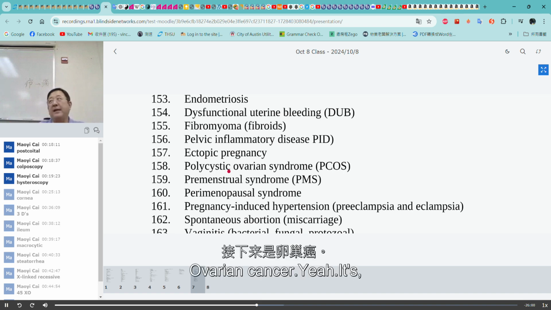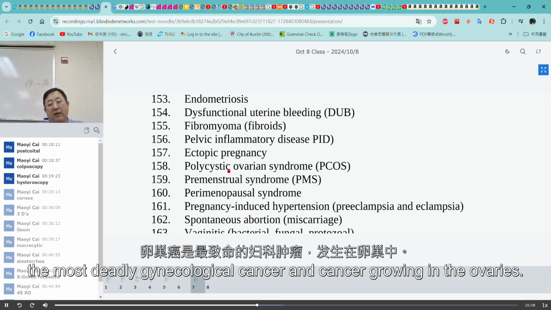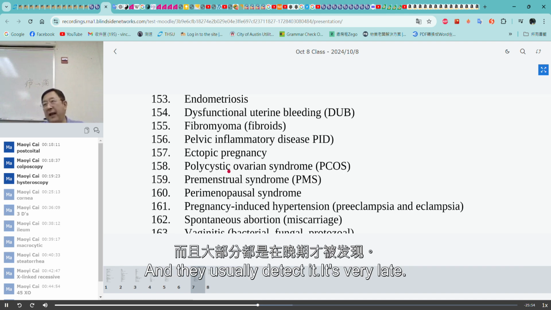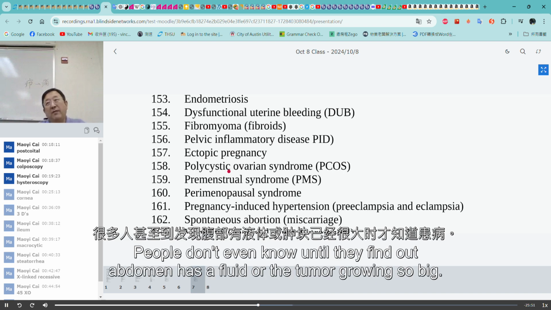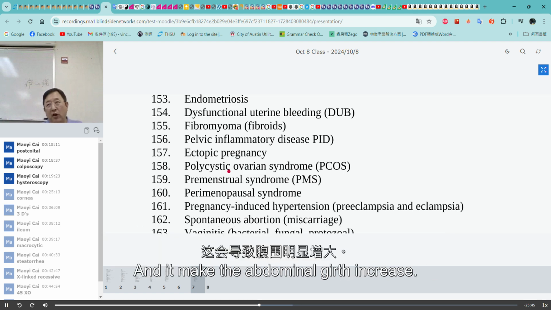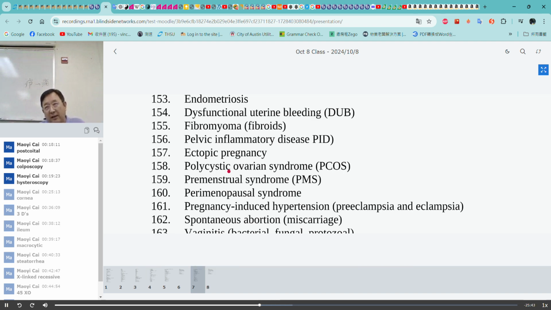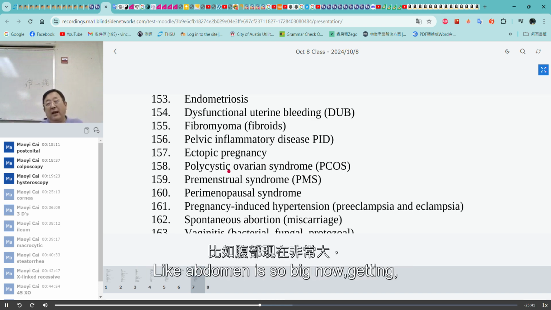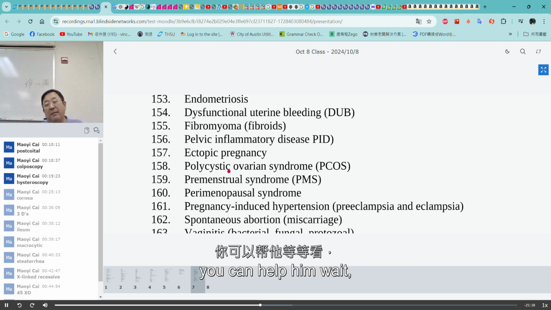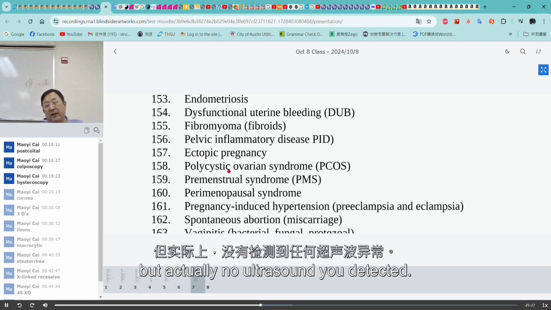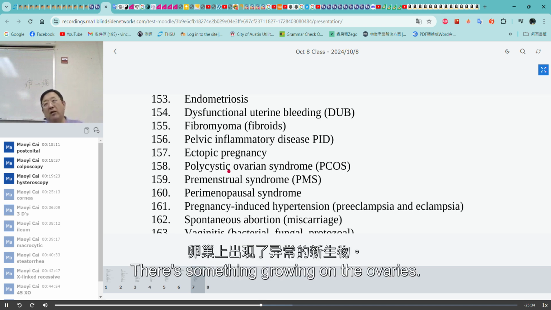Okay. Ovarian cancer is the most deadly gynecological cancer, a cancer growing in the ovaries, and it is usually detected very late. People don't even know until they find the abdomen has fluid or the tumor is growing so big it makes the abdominal girth increase. The abdomen gets so big that people think you gained weight, but actually no. With ultrasound you detect something growing on the ovary.